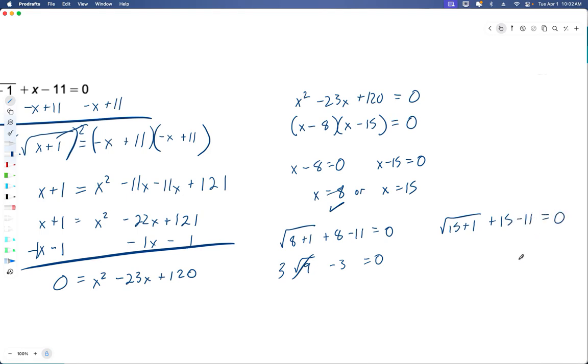So that's going to be square root of 16, and this is going to be plus 4 equals 0. Square root of 16 is 4. 4 plus 4 is 8. That is not equal. So this one cannot be. So x is going to be equal to 8 because 15 does not work.